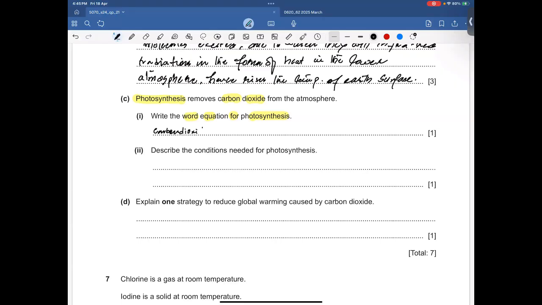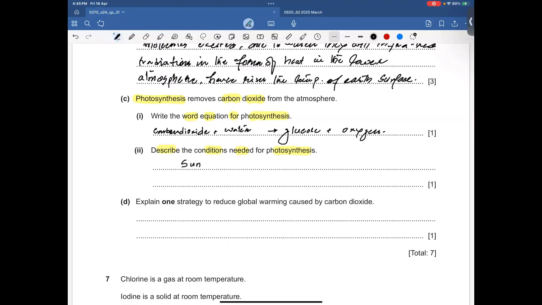Carbon dioxide plus water will turn to glucose and oxygen. Okay. Describe the conditions needed for photosynthesis.